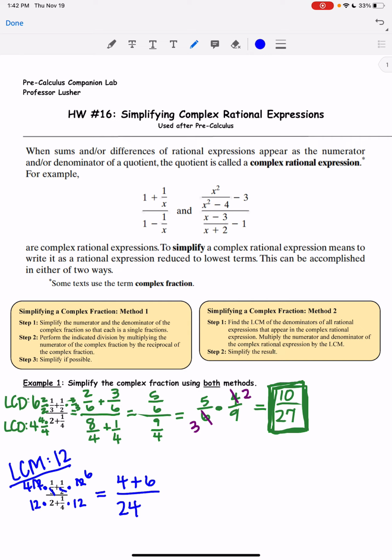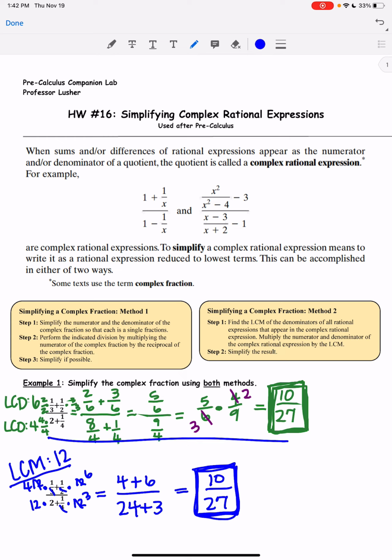And 1/4 times 12, cross-reduce, turn that into a 3, so that's a +3. And so now, simplify the results. 4 plus 6 is 10. 24 plus 3 is 27. I think that is 100 times easier than what we did right here in green.